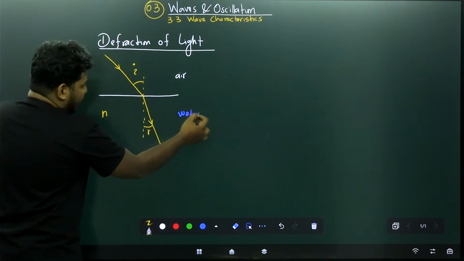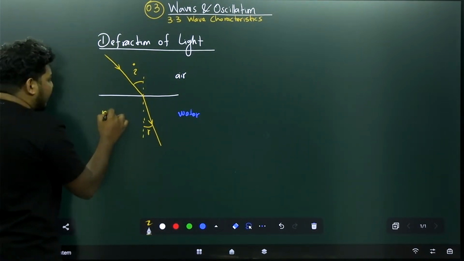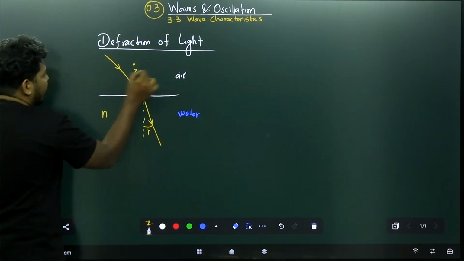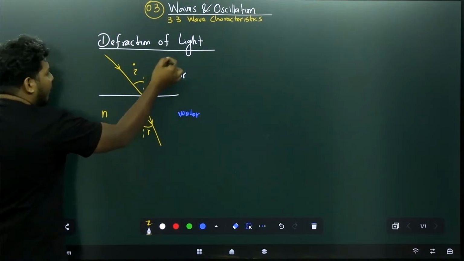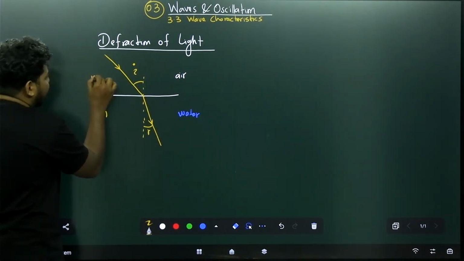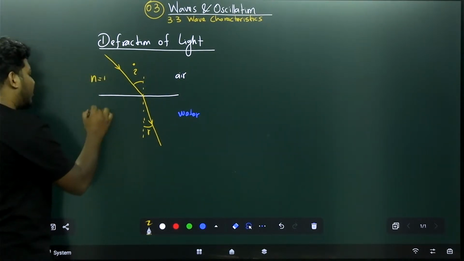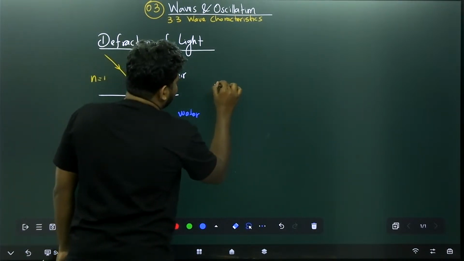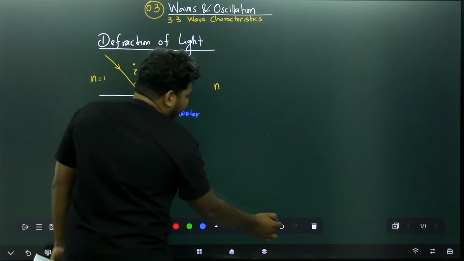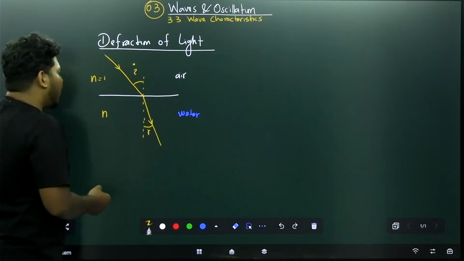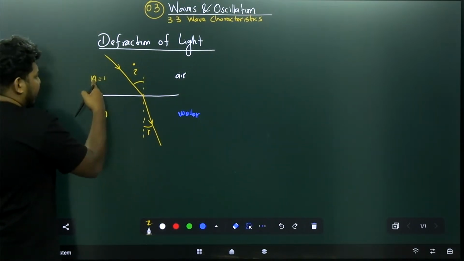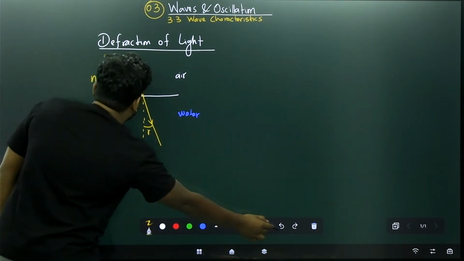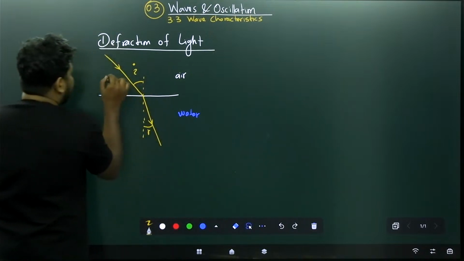For the water the refractive index is N, and for air or space the refractive index is 1.